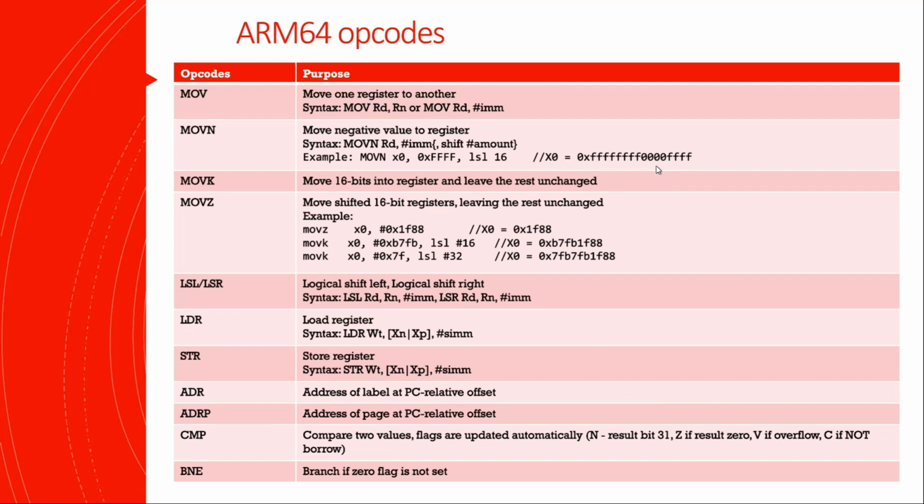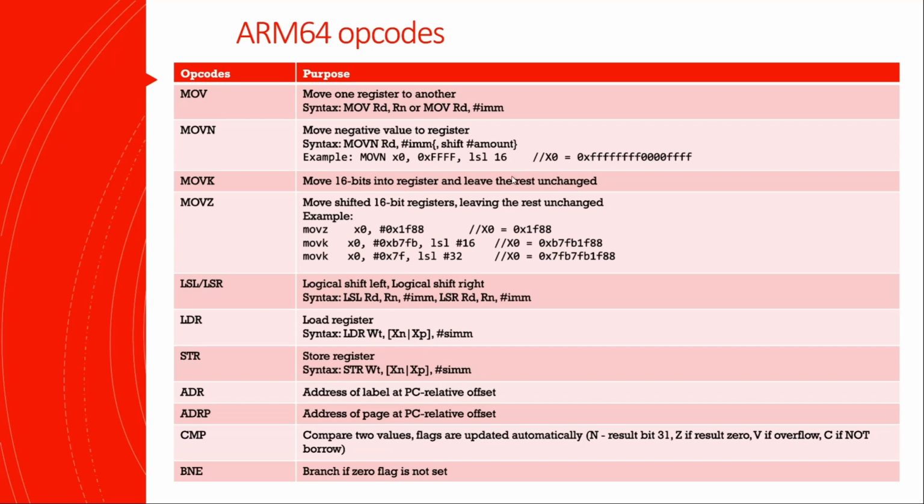Now this value is 64 bits, and as per ARM architecture, you can't directly move an immediate value of 64 bits into any register. The limit for immediate values is 16 bits.